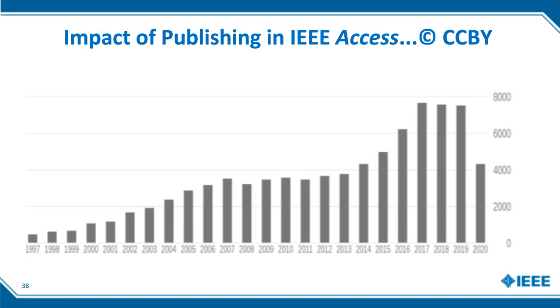And my own personal story with Access also started at the same time, because I was asked to write a paper for the inaugural issue. So it was an invited paper, and I had a paper on quantum communications which straddled the physics and the electronic engineering sides. So I said, bingo, this is excellent. There was no page limit, there was no page charge for the inaugural issue, and I'm very happy I did that. And ever since then, I couldn't stop publishing in Access because I love the speed of it.